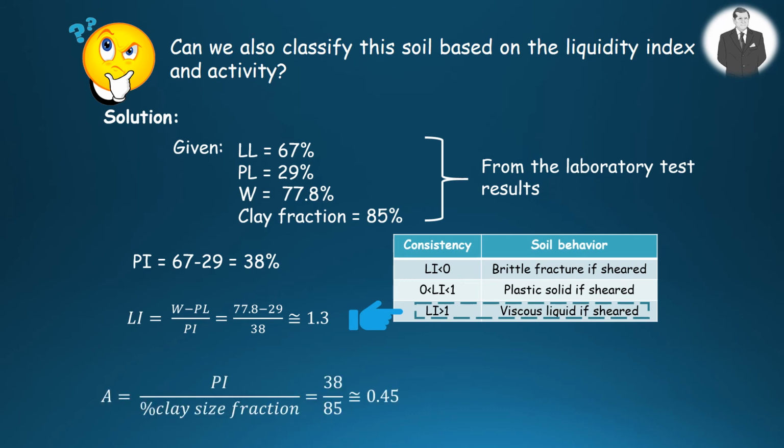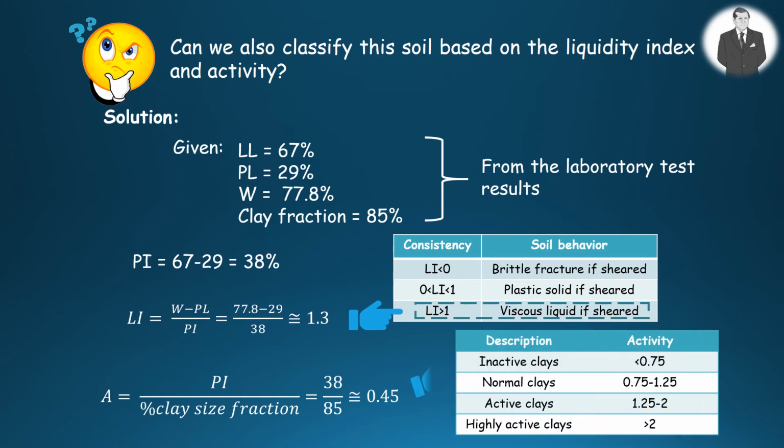Similarly, putting the known values in the activity equation, we can find the activity value as 0.45. Going to the related table, we can define the classification of the soil, which is inactive clay, since the activity is less than 0.75.